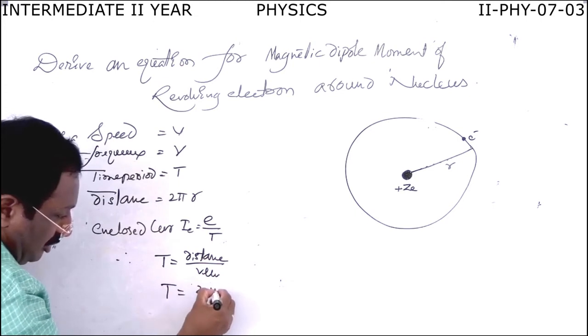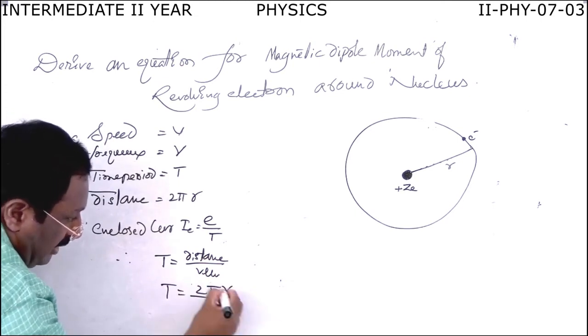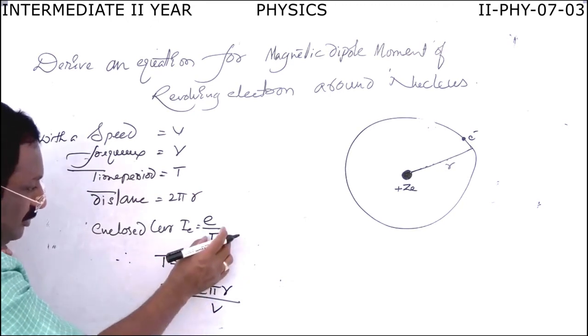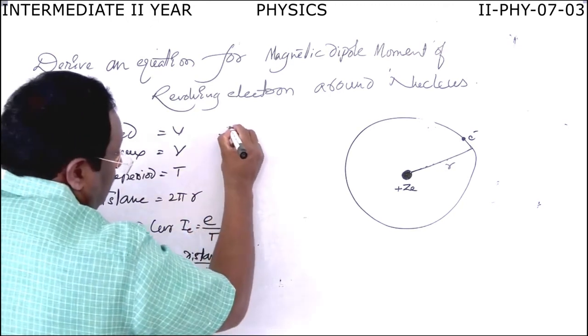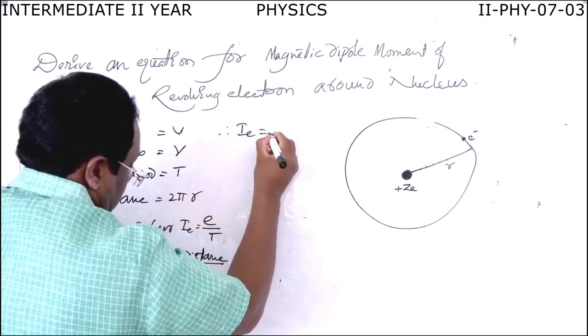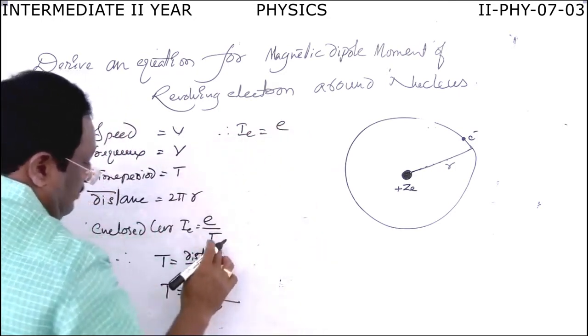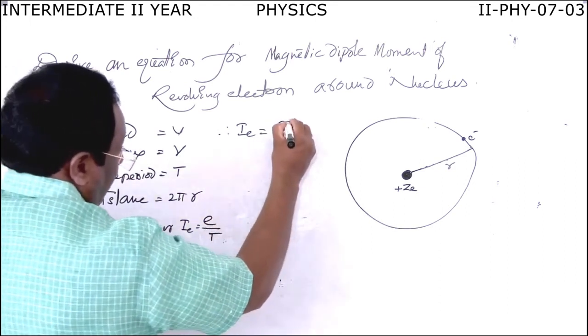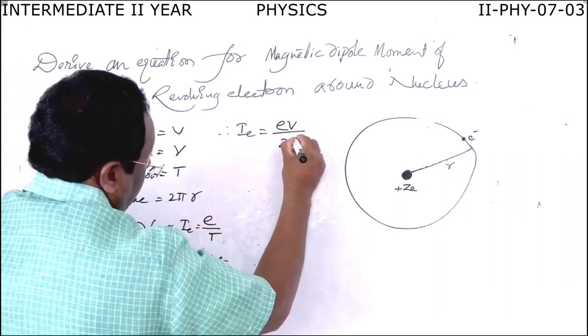In every revolution, the distance covered by the electron is 2 pi r, with velocity v. Now the T value is substituted in this equation. Therefore, the current is equal to ev by 2 pi r.